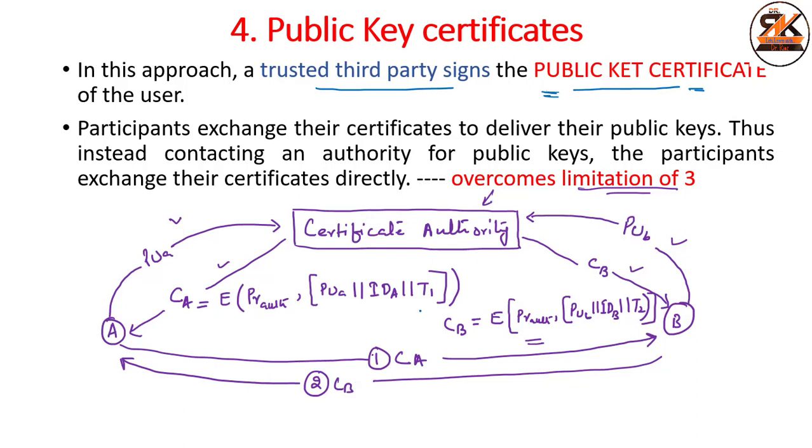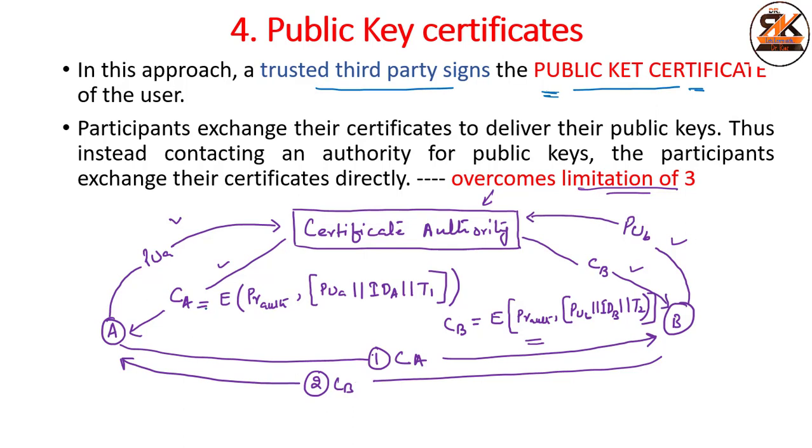Okay, so to obtain a certificate, the user will present his public key to the certificate authority and get it signed, and the user can then publish this certificate on some public forum, or they can simply exchange it with each other. And for this scheme to work, some requirements need to be satisfied.